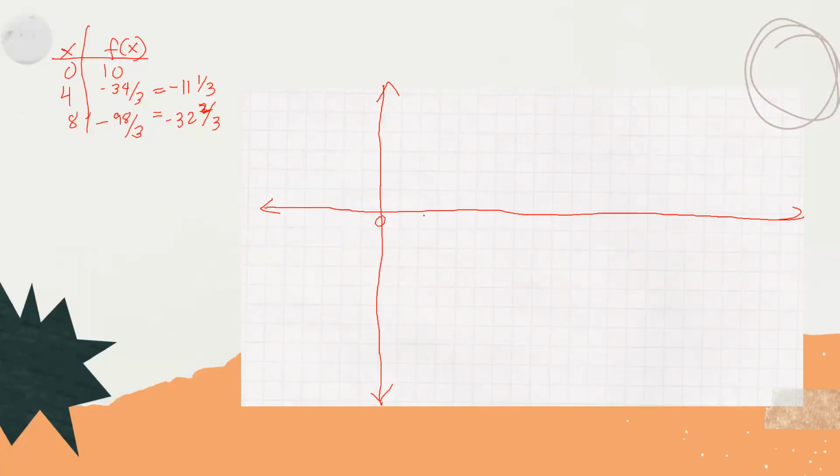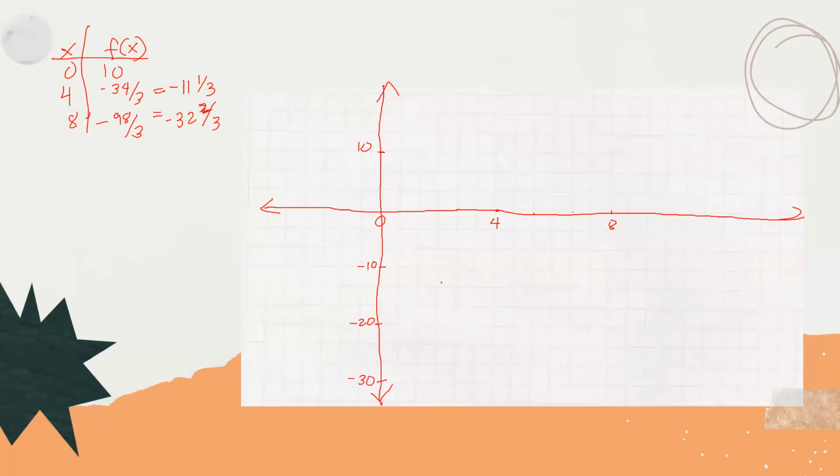Tapos, say, nandito na lang si 4. Nandito si 8. Okay, tapos dito si 10. Kung nandito si negative 10, somewhere here tapos dito yung negative 20. Ito yung negative 30.